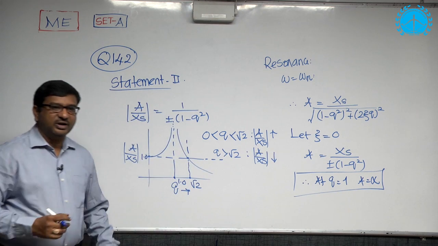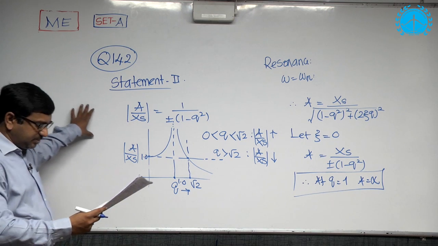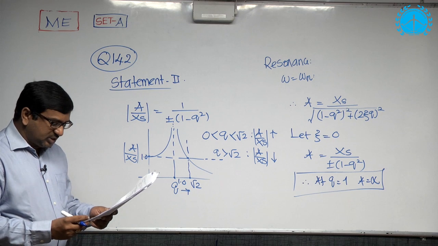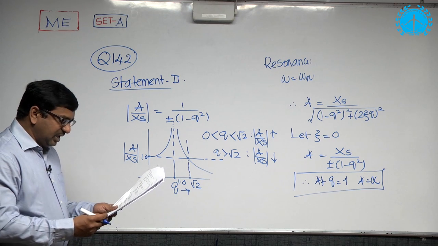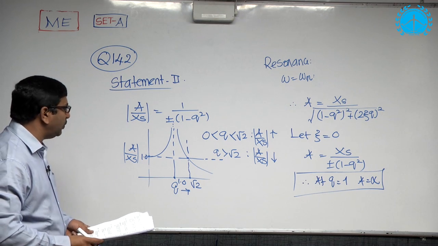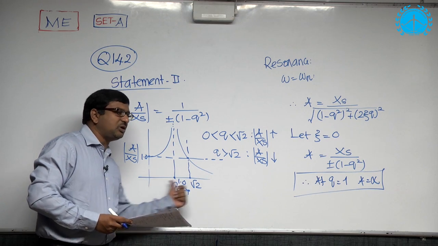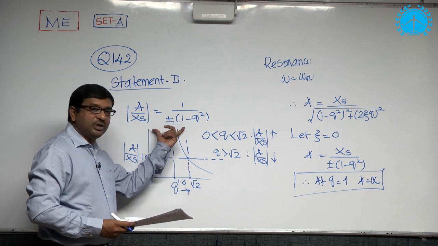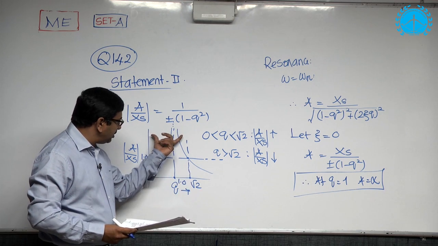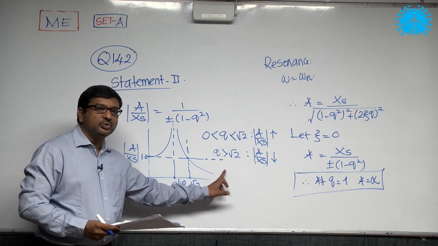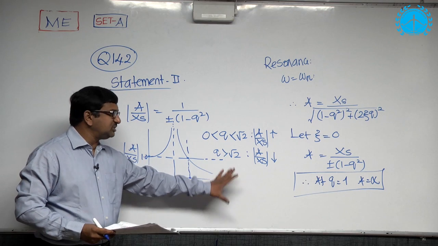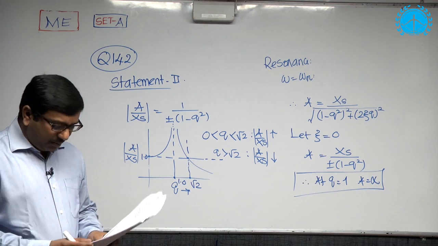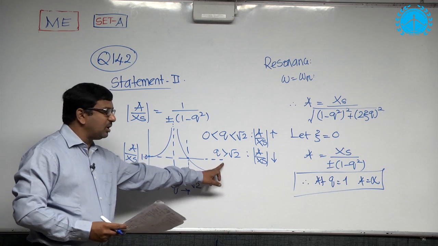Now looking at statement 2, the amplitude of forced vibration of a body increases with increase in the frequency of the externally impressed periodic force. As such the statement is not valid in the entire range. Only in one range does the amplitude increase with frequency, and beyond root 2 it reduces. So we cannot say it is a correct statement because it is not valid in the entire range.